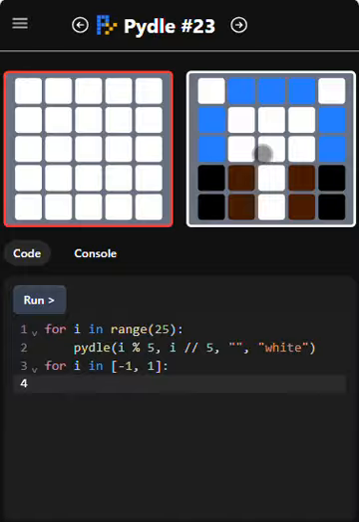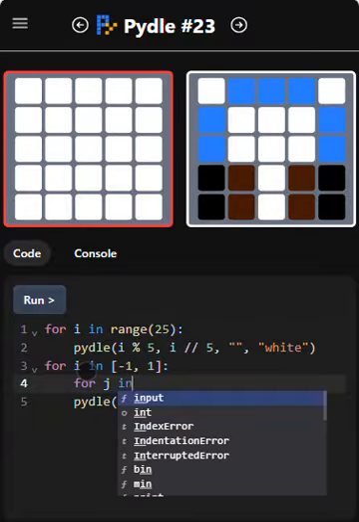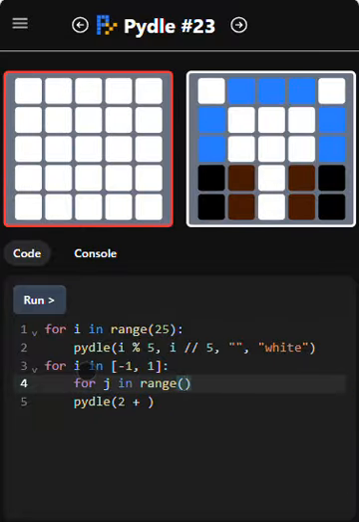Let's first do the blue on the sides, and that's going to be Pydle. Because we are thinking of a Cartesian coordinate system, to convert to Pydle coordinates, we need to do 2 plus... I've forgotten about the actual loop for j. For j in range 2, because there are pairs of 2.